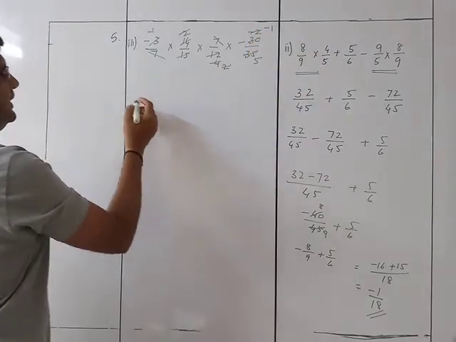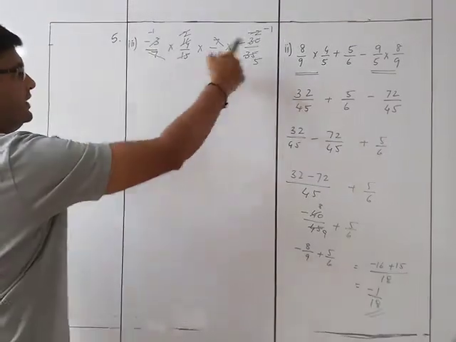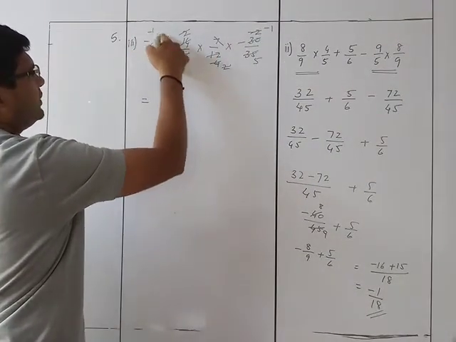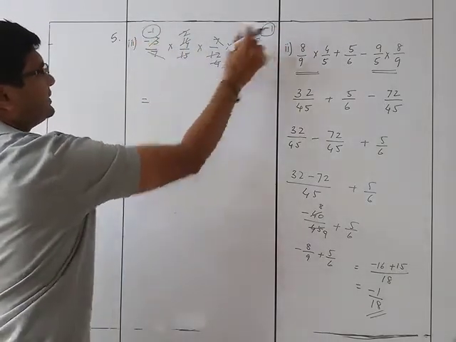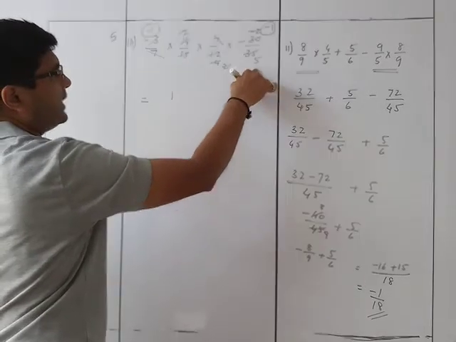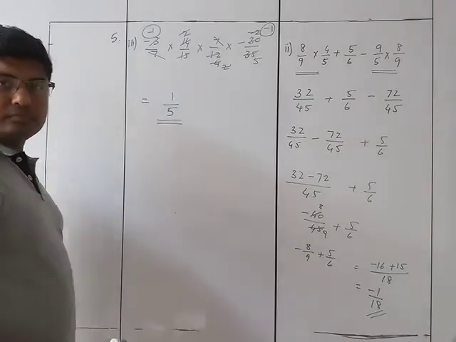So you can see that everything is getting cancelled one after the other. Accordingly, we have the answer: I have got minus 1 over here and minus 1 over here. So minus into minus is plus, so it is plus 1, and nothing here, nothing here, nothing here, and nothing over here. So the answer is 1 upon 5.